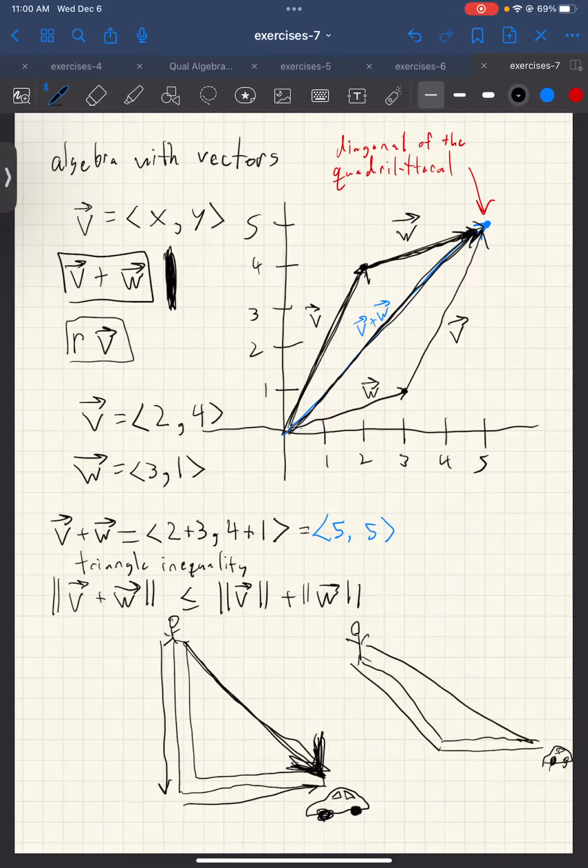It is still shorter to go straight across, which in this case would be this diagonal, the sum of the vectors, is shorter than going along one sidewalk and then the other sidewalk. So that is the triangle inequality.